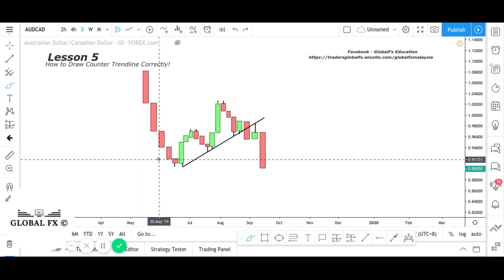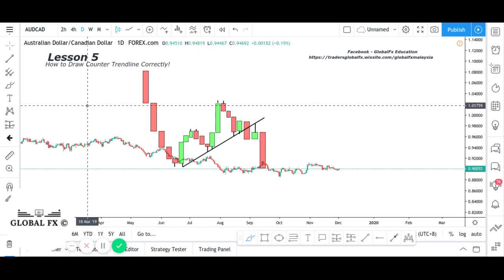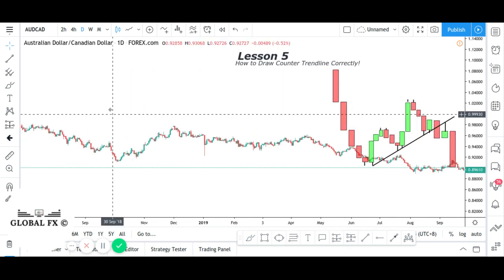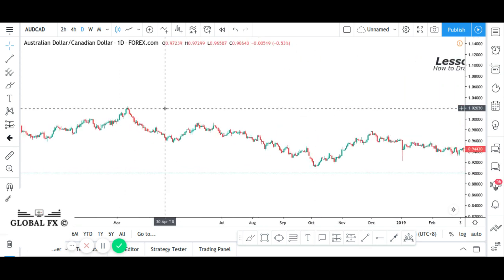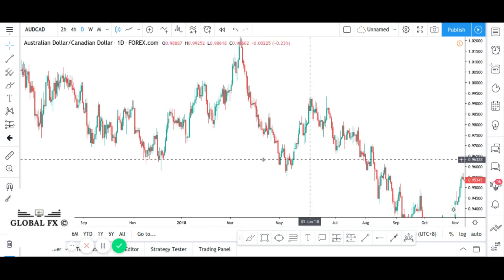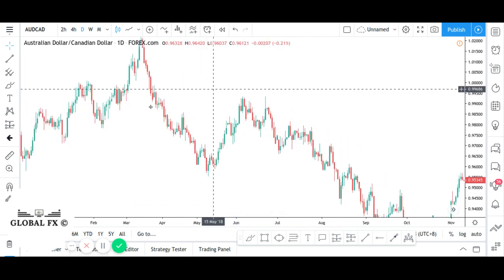Now, let's go down and check if we can find any sort of move on the daily chart on AUD CAD that will tell us a bit more about this lesson itself. So let's have a look over here. As a counter trend line, I can already see there is a very nice move to the downside over here.